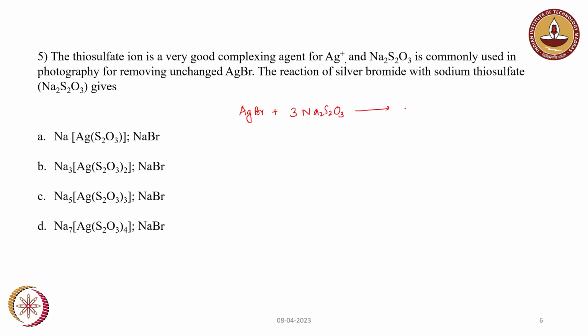So it will form Na5 Ag(S2O3)3 and sodium bromide. So the answer is option C, Na5 Ag(S2O3)3 and sodium bromide.